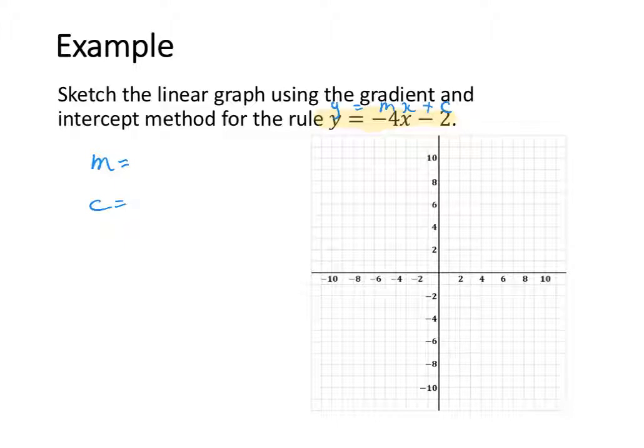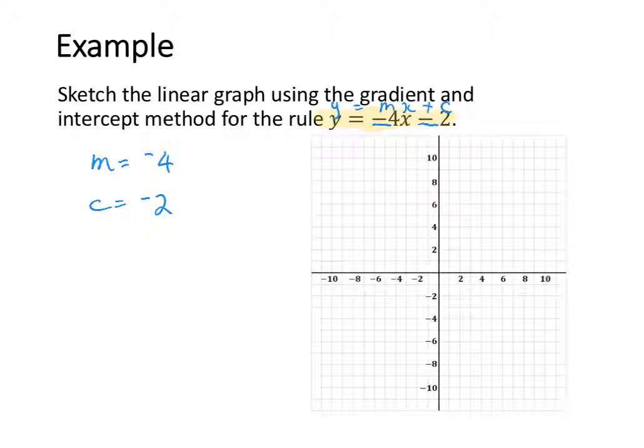So applying that, I know that my m value is going to be negative 4 and my c value is going to be negative 2. Remembering to look at the signs in front of both the gradient and the y-intercept to know that both of those numbers are going to be negative.